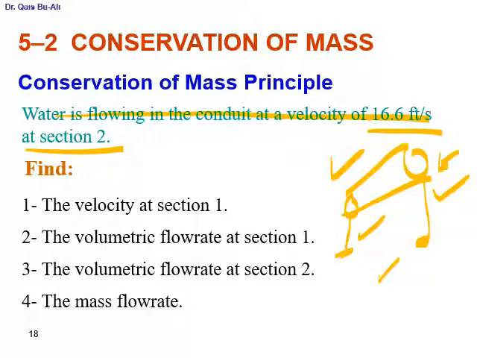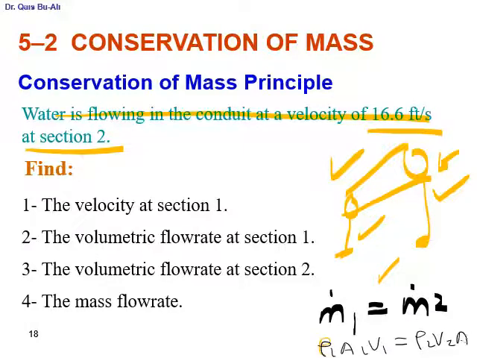This is easy. All you have to say is that this is steady flow and there is no reaction, so you set m1 equal to m2. You know that rho 1 A1 v1 is equal to rho 2 v2 A2, and this is a circle, so the area of a circle is pi D squared over 4.